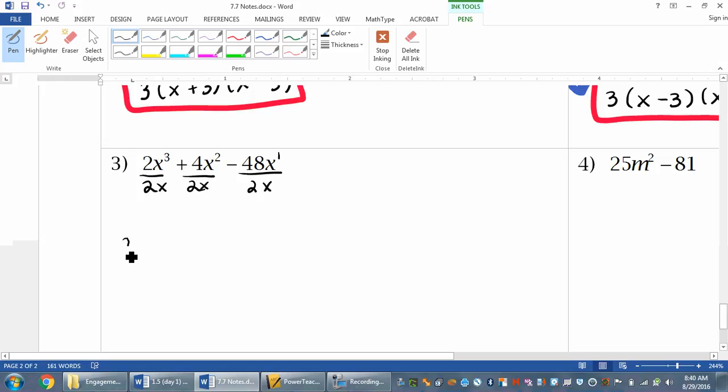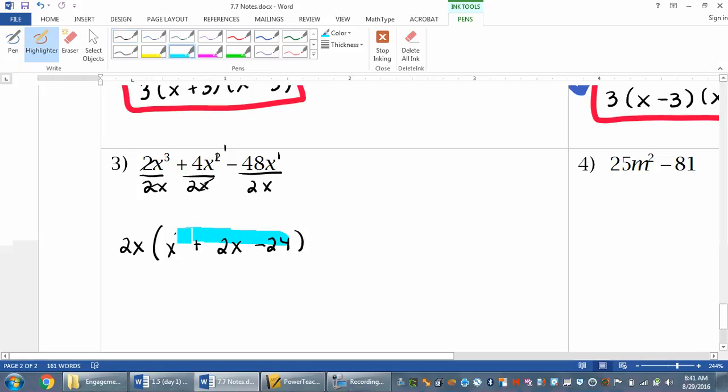So I'm going to pull out that 2x down front, and I'm left with x squared, because 2x cubed divided by 2x, the 2's cancel, and I subtract the exponents. Plus 4 divided by 2 is 2, x squared divided by x, remember numerator wins by 1. And then negative 48x divided by 2 is negative 24, the x is canceled.